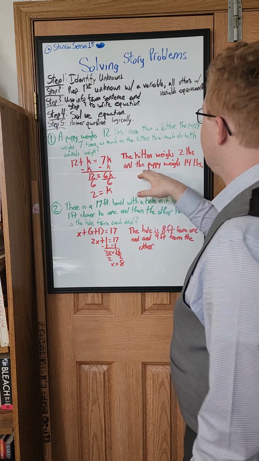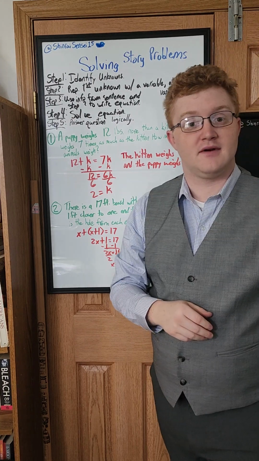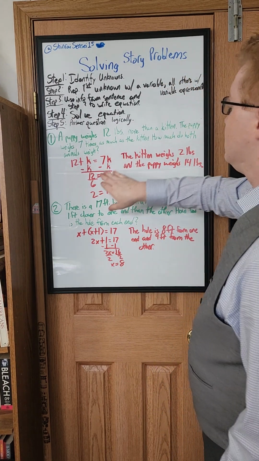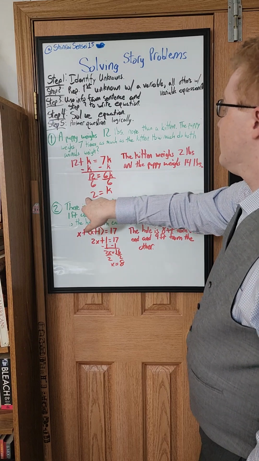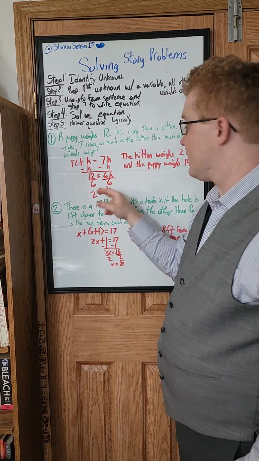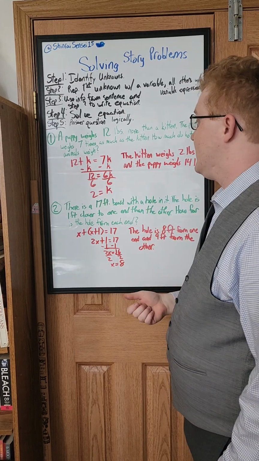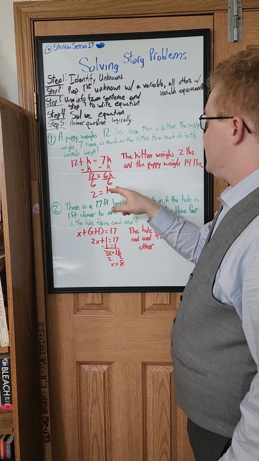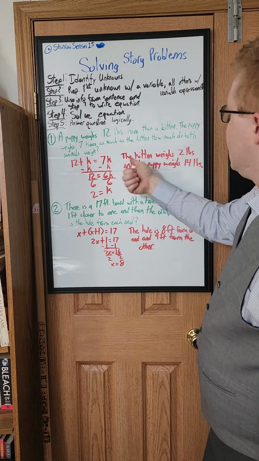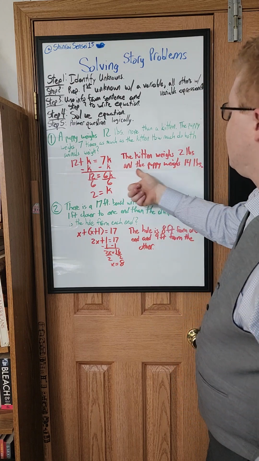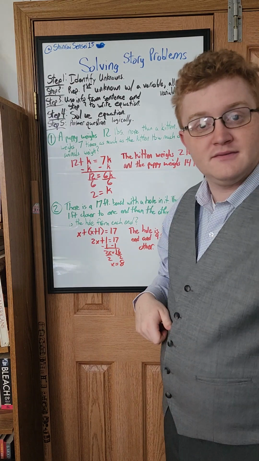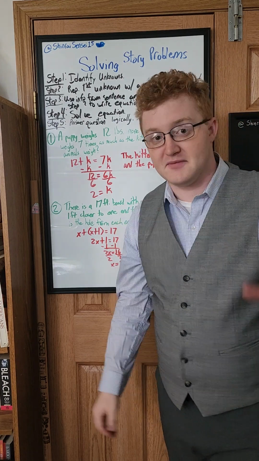Either way, the puppy weighs 14 pounds, right? So you translate this, and obviously you're going to have to substitute that value of k in to find the puppy's weight. But translating this into a sentence: the kitten weighs 2 pounds and the puppy weighs 14. Sound good? Everybody got that?